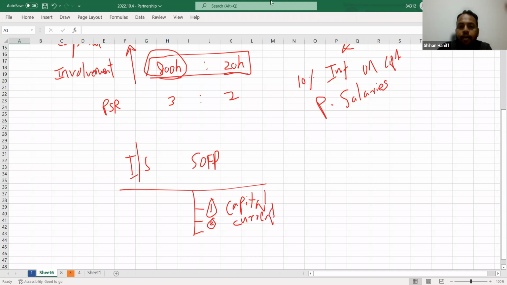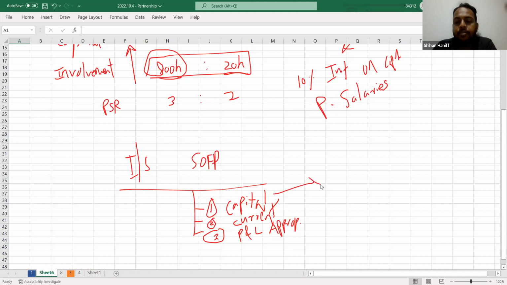Partners capital accounts and partners current accounts. And third one is profit and loss appropriation account. So there are three new accounts we have to create in a partnership, right?